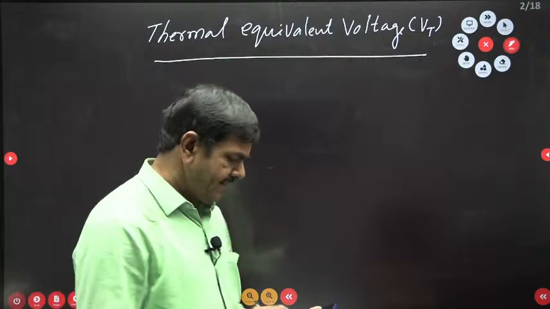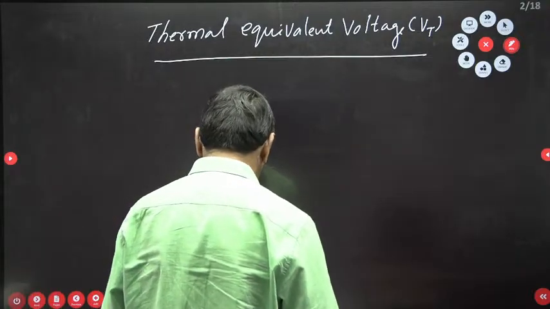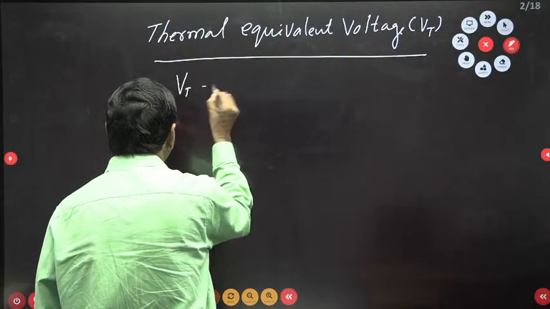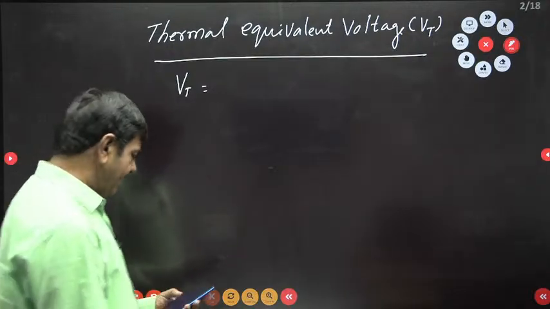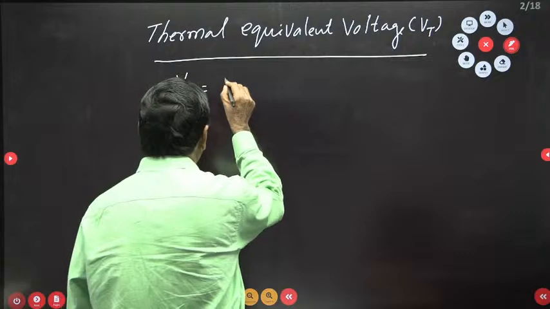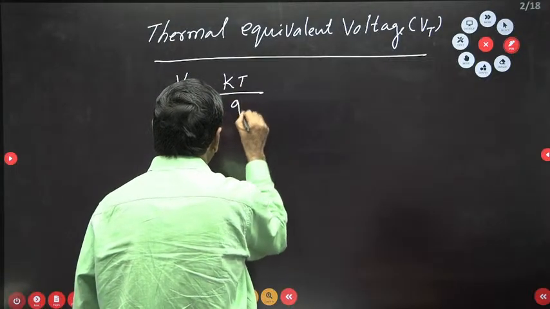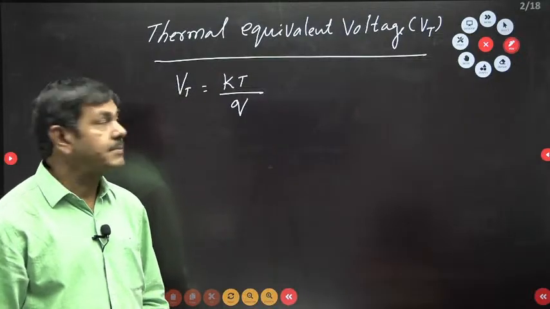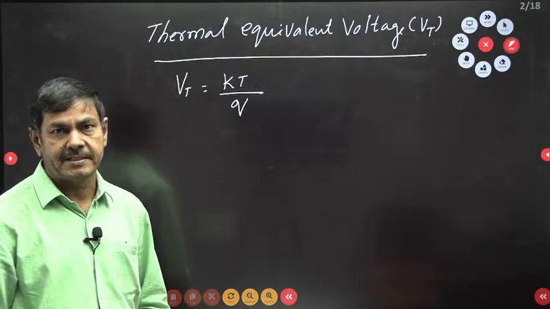The thermal equivalent of voltage is denoted by the symbol Vt. That Vt is calculated by kT by q. k is Boltzmann's constant, q is the charge, T is the temperature.